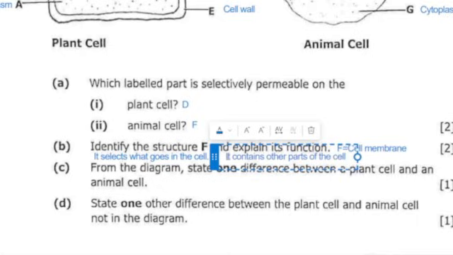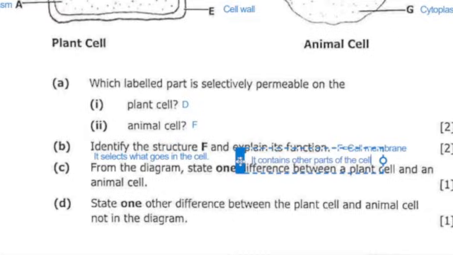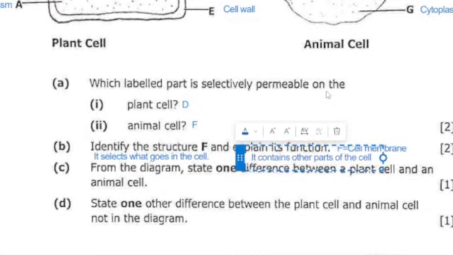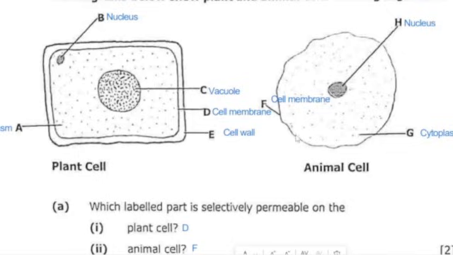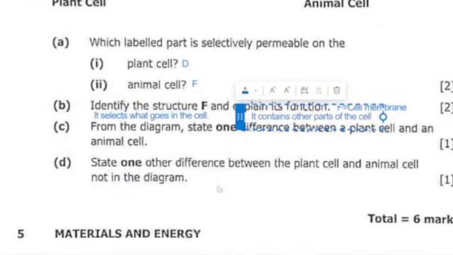It also contains other parts of the cell. As you can see on the diagram, this is the outer part of the animal cell. You will see that the cytoplasm is inside, the nucleus is inside, so they are inside the cell membrane.